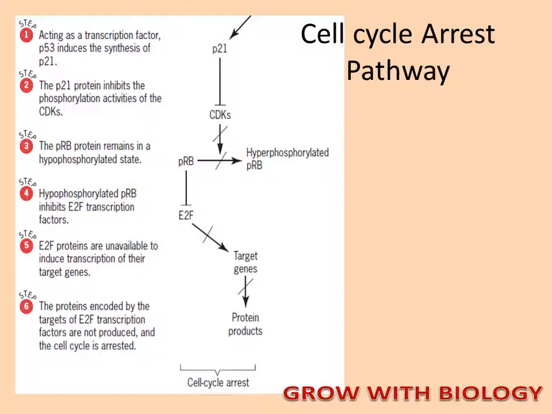As it is in a hypophosphorylated state, it will inhibit the E2F transcription factors. Inhibition of E2F will inhibit the transcription of their target genes, and thus it will not produce the proteins, and there will be cell cycle arrest.